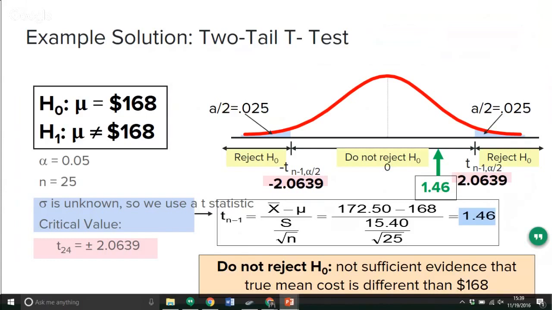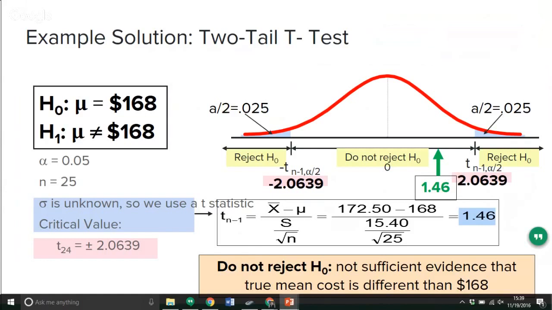So this is an instance where we had one variable that we were testing on, and we had a hypothesis about that one continuous variable, and we wanted to see, in fact, does the evidence bear out what we hypothesized? And in fact, it did.